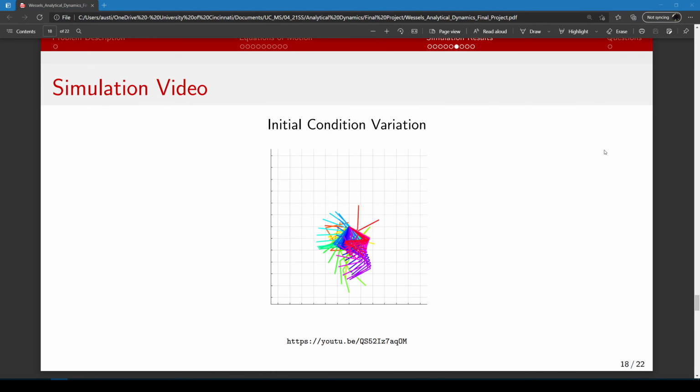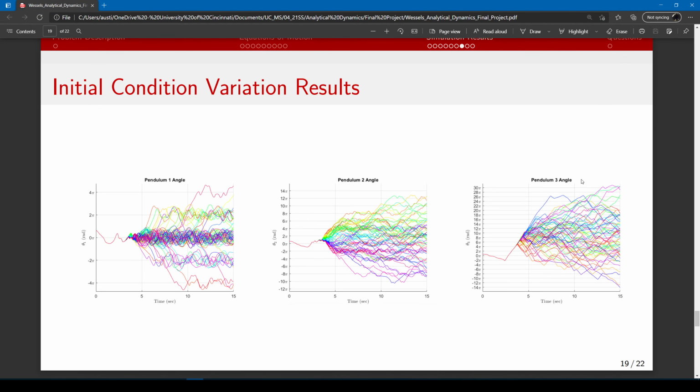Okay, and then let's look at some plots for that. You can see pendulum 1, 2, and 3. One interesting thing I noticed in the first pendulum is that it seems to be hanging down consistently. These grid lines are at 0, 2 pi, 4 pi, negative 2 pi, negative 4 pi, and all of these lines correspond to the pendulum hanging down vertically.